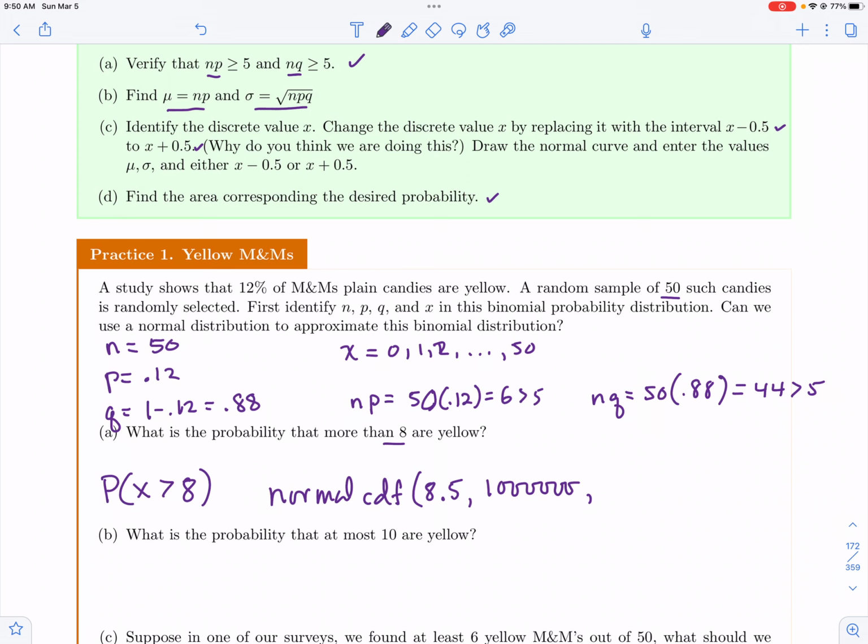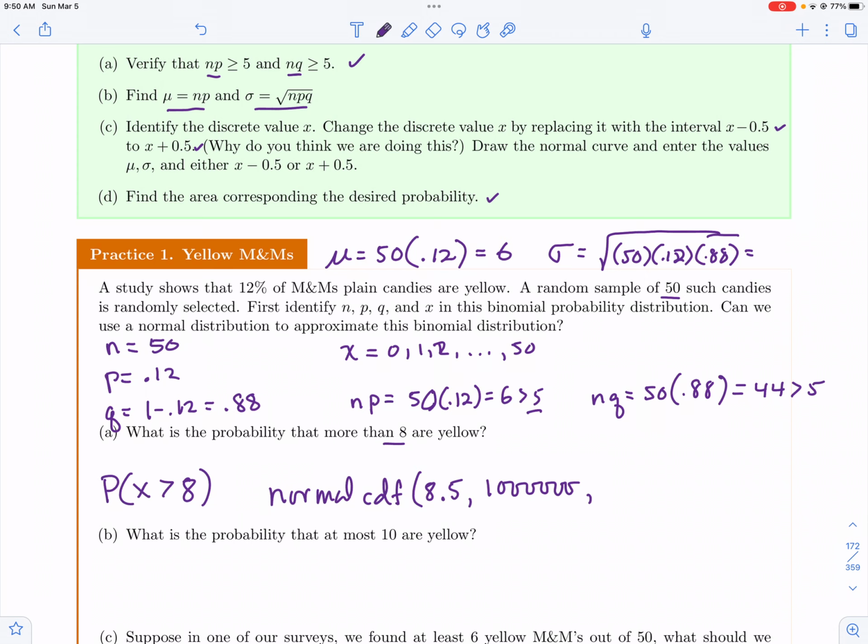And then we need our mean and standard deviation, which I realize now I forgot to calculate, so let's do that real quick. Our mean is going to be 50 times 0.12, which I guess I did calculate here. So this is our 6. And then finally our standard deviation is going to be the square root of 50 times 0.12 times 0.88.